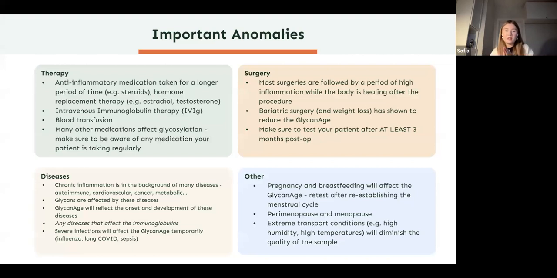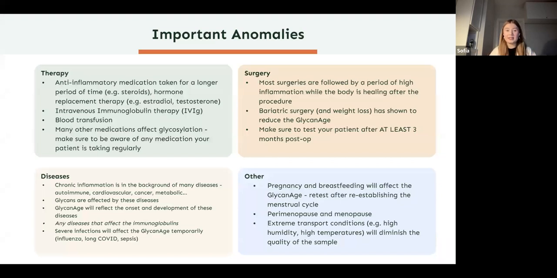So this is everything that we spoke about summarized. So let's just go quickly through this. Important anomalies to look out for, which would skew the results of the GlycanAge, is first therapy. So as we said, any anti-inflammatory medication which is taken for a longer time, hormone replacement therapy, intravenous immunoglobulin therapy, which makes sense because we are introducing immunoglobulin G, or immunoglobulin in general, which is not ours, let's say.